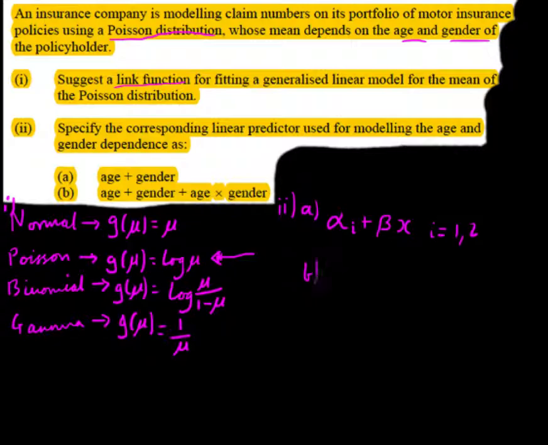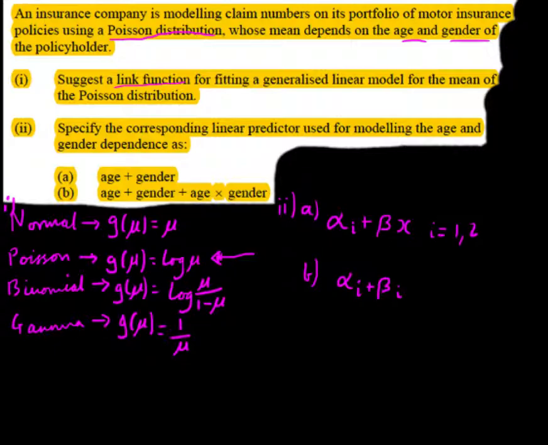The other way is they're saying do age plus gender plus age times gender. It doesn't look as complicated as it does in the question. We keep this bit over here. Alpha I dependent is basically the gender. And then all we're doing here is making age dependent on gender as well, because over here it didn't matter if you were male or female, the age would still affect each gender in the same way, and then there's the gender bit over here.